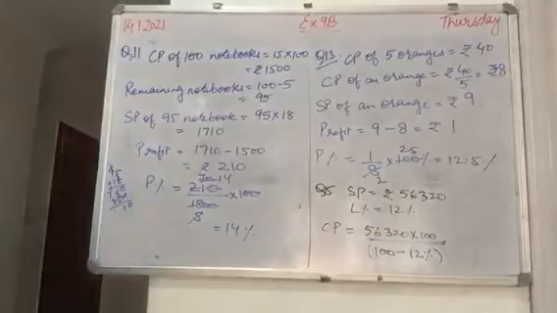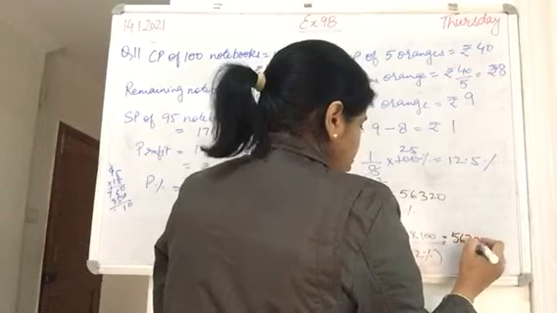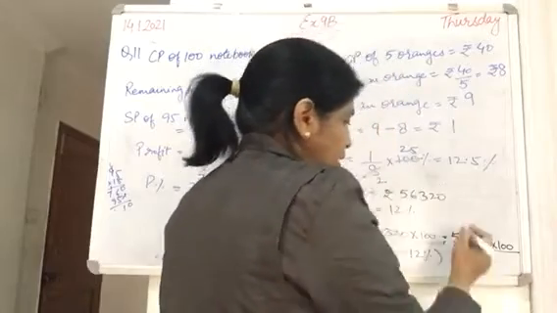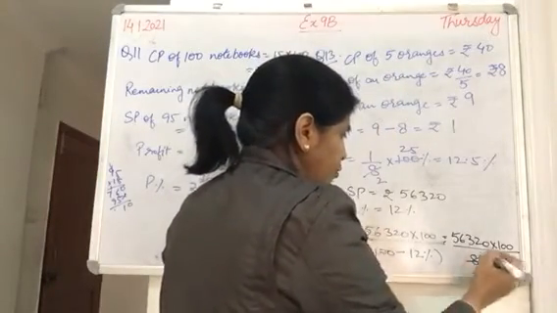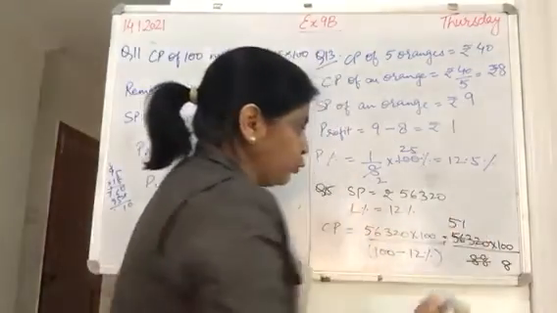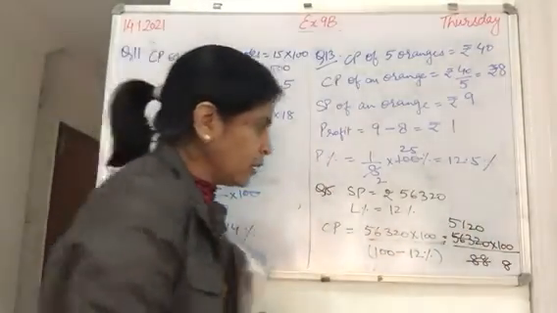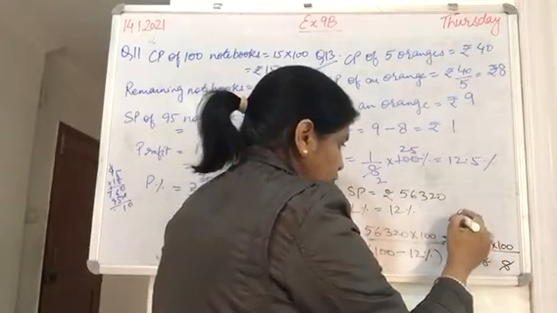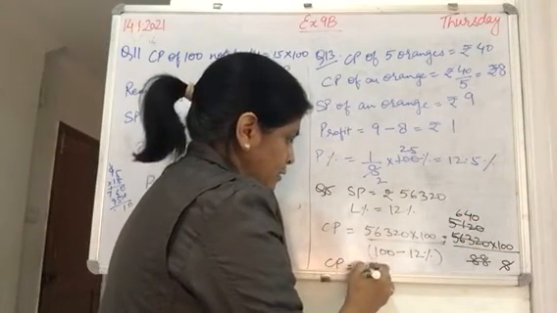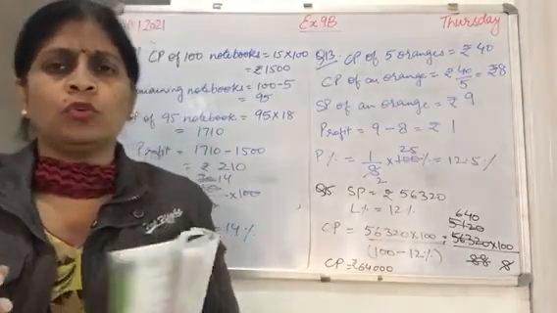Now let's apply this formula and simplify it: 56320 into 100 upon 88. Let's cut with the table of 11. 11 fives are 55, 13, 13 doesn't come, 11 twos are 22, 2 remaining, 22, 2, 0. Now 5 and 2, and 8 is a cube of 2. So 640, so cost price is 64,000 rupees. Here we have completed 2 exercises.